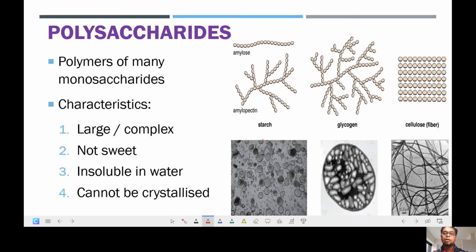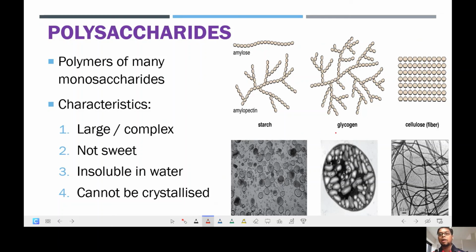And over here, you can see the 3 types of polysaccharides that we need to know. The first type is starch. And actually, there are 2 types of starch. One is the amylose. The second one is the amylopectin. Starch is one of the molecules that can be found in the cells of plants.